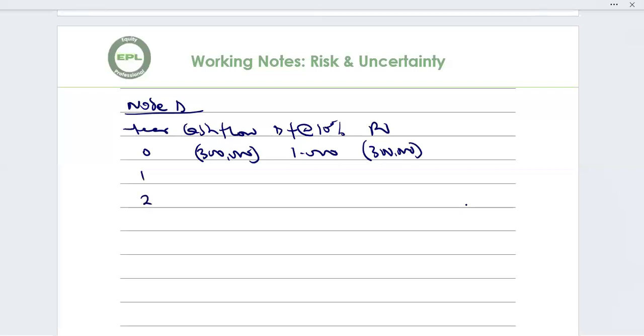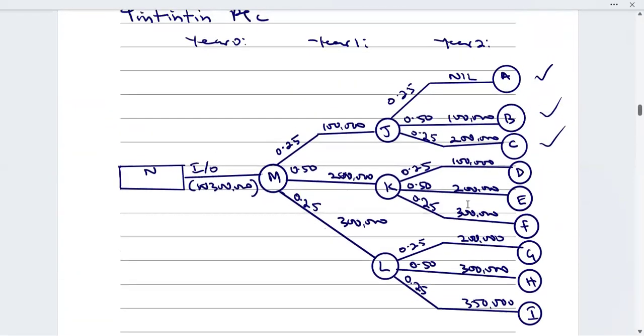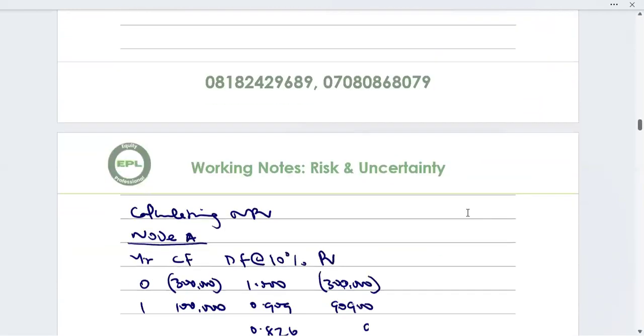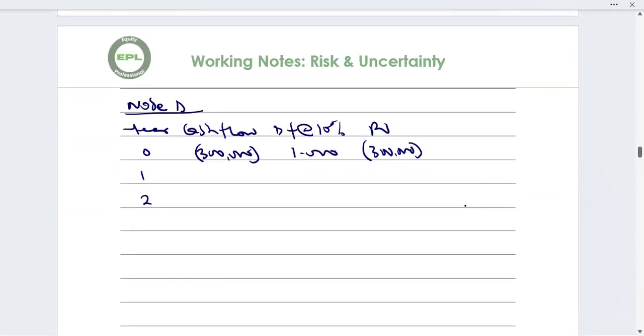So for node D, the cash flow in year 1, tracing it, is 200,000. Then for year 2, 100,000. Multiply by 0.909 and 0.826. 100,000 times 0.826 is 82,600.